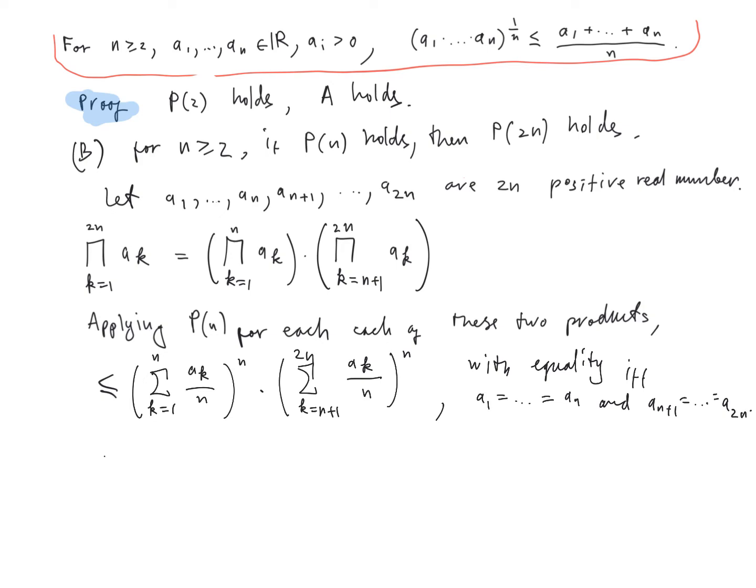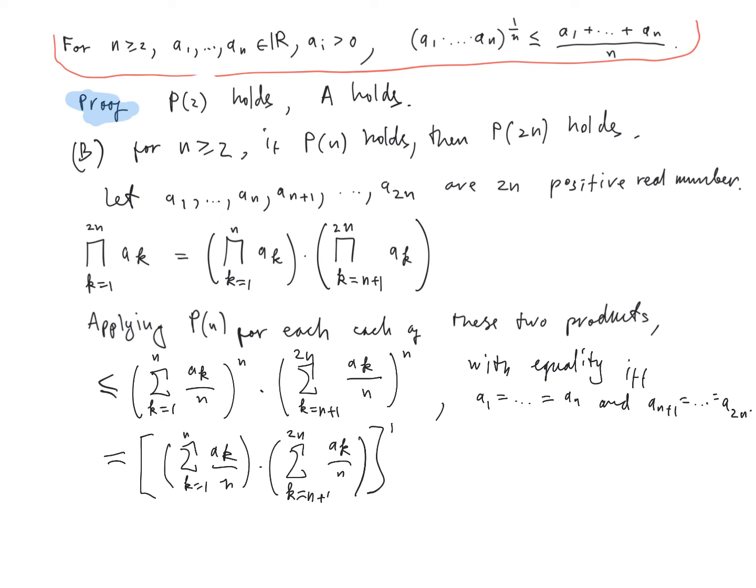This is a product of two nth powers, which is the same thing as the nth power of the corresponding product of these two multiples. So we can rewrite this as the product of the first sum from k equals 1 to n of ak over n, multiplied by the second sum, where k varies from n plus 1 up to 2n of ak divided by n, and we take the product to the nth power.